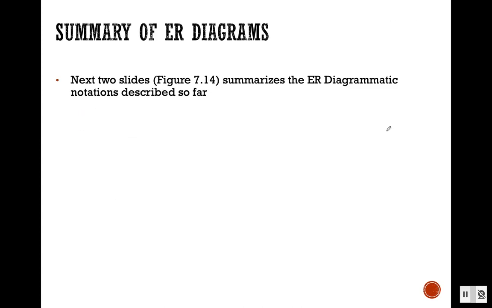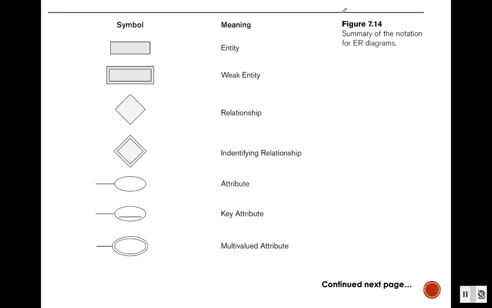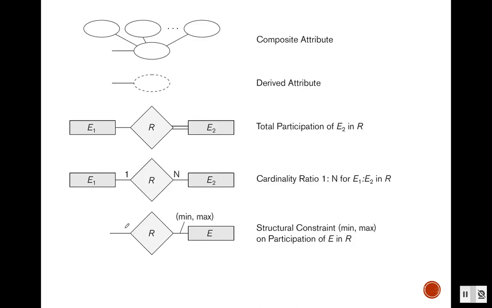But here we have the summary of all the symbols of the diagram. Okay, so this one is for entity, weak entity, relationship. Weak relationship means identifying relationship, attribute, key attribute, multi-valued attribute. If the attribute is a composite attribute, that's how we represent them.